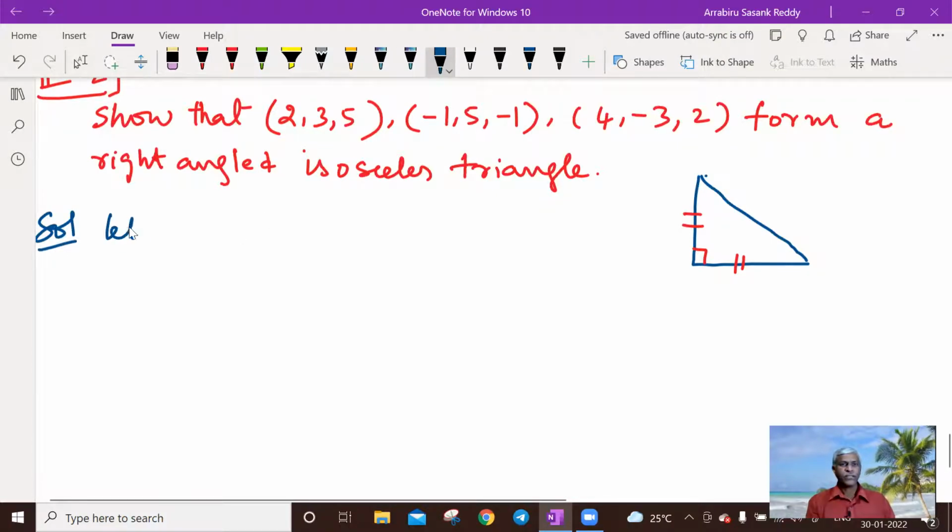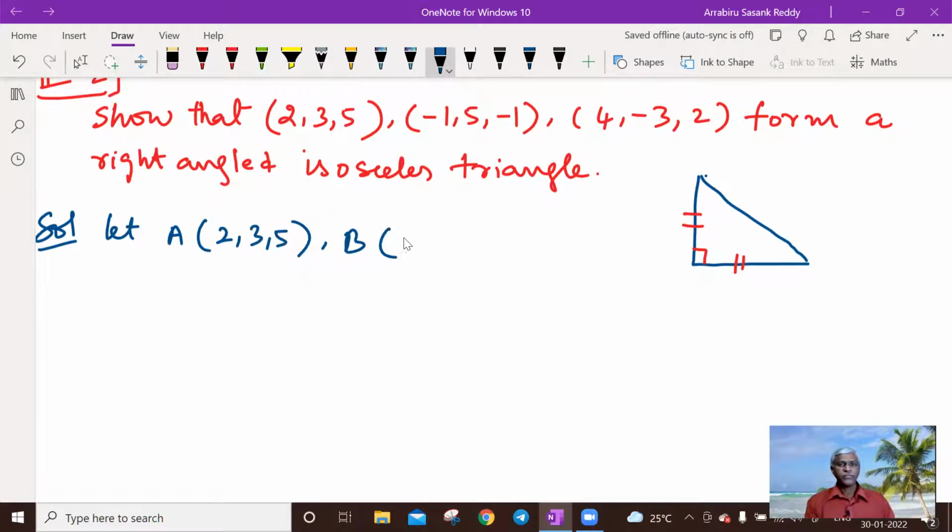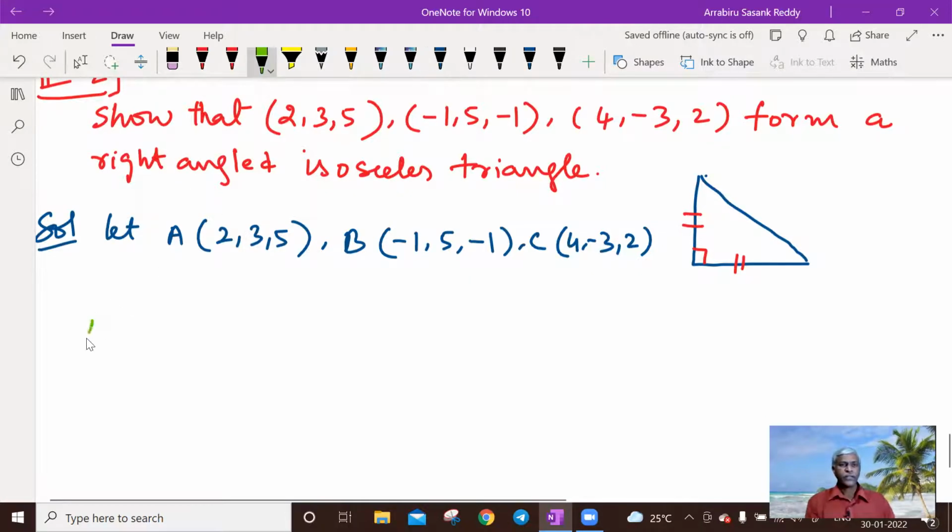So let the first point be A, the second point B, and the third point C. We are naming the points. Now let us find the distance of all the sides.